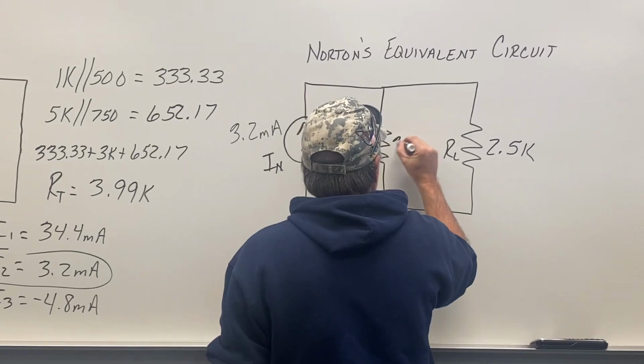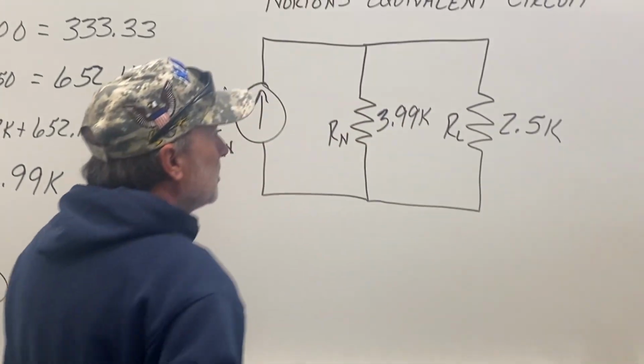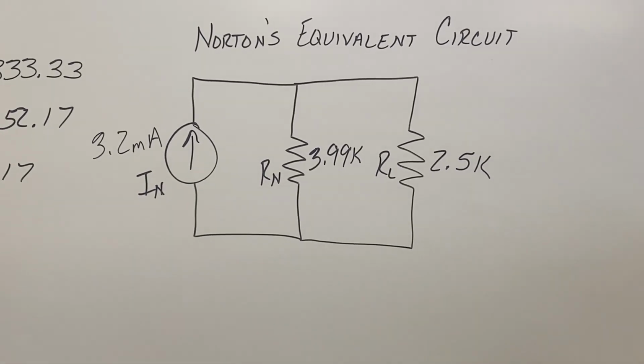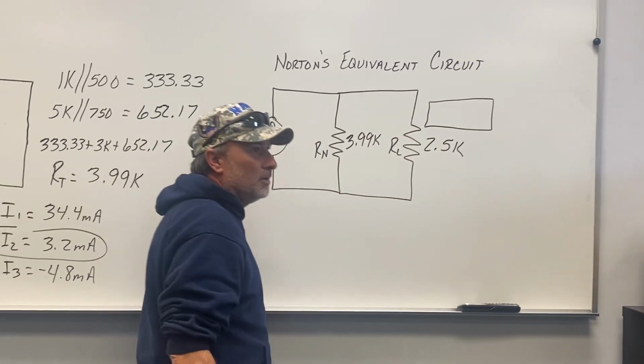So I'm going to put 3.99K in here. Now I have my Norton equivalent circuit finished, but what I want is the voltage drop across the load.